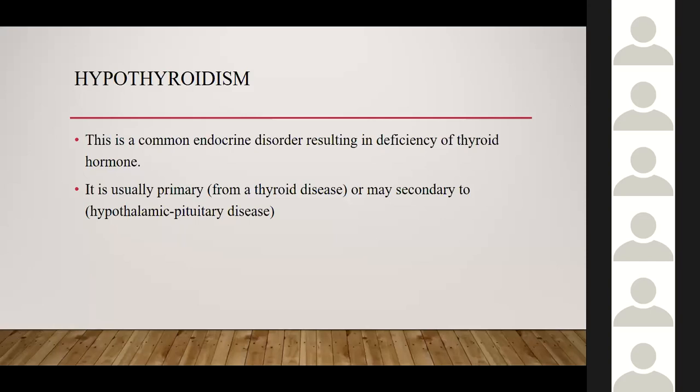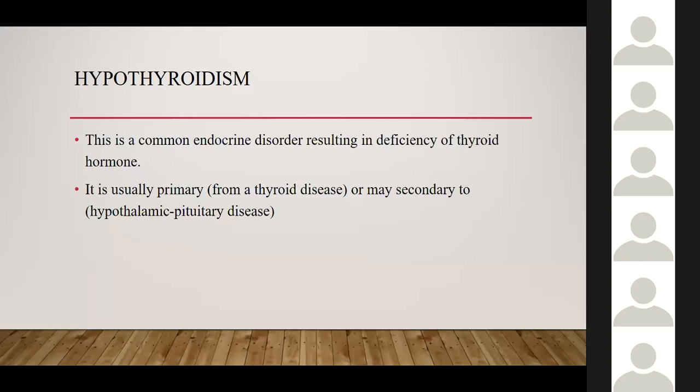All right. So now let's take it one after the other. So hypothyroidism. We're saying it's a common endocrine disorder, and basically results in deficiency of thyroid hormone. So when you have the patient, what will let you know that the patient is hypothyroid is that the levels of T3, T4 will be low, and then you can say the patient is hypothyroid. That's the first thing.